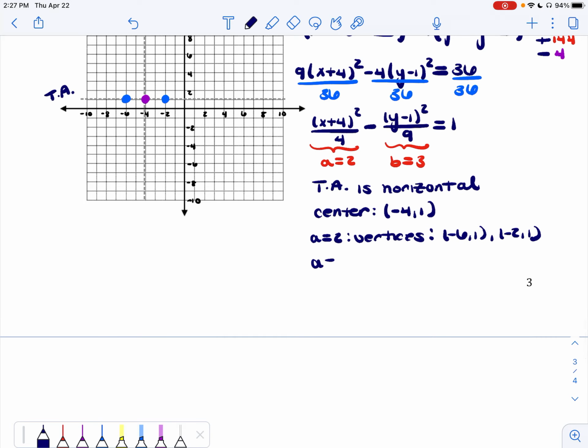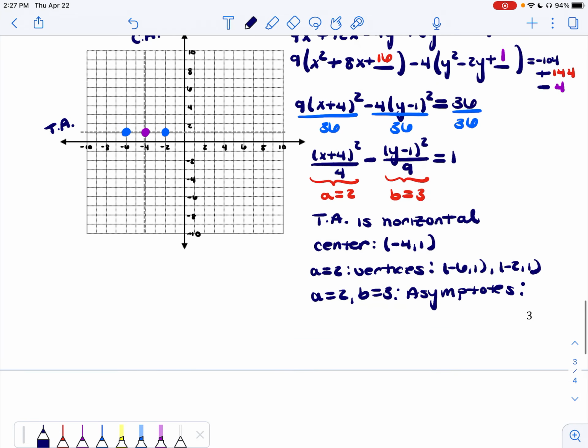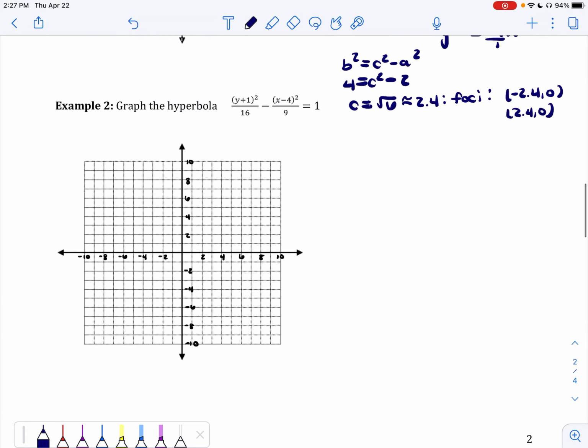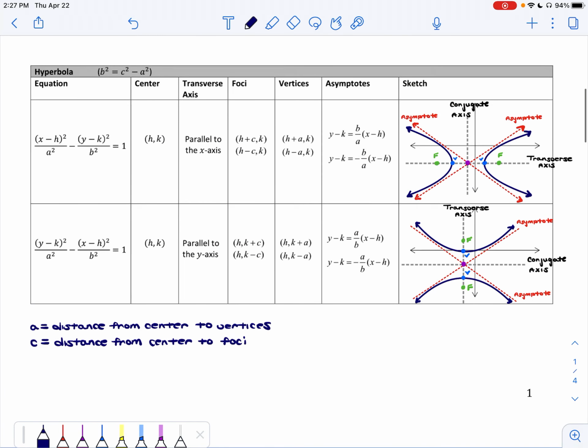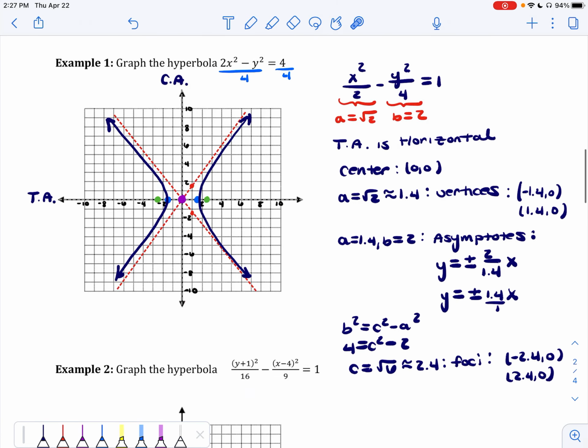From our a and our b value, we can find the asymptotes. So for these, remember the equations of our asymptotes are going to be y minus k is equal to plus or minus b over a times x minus h.